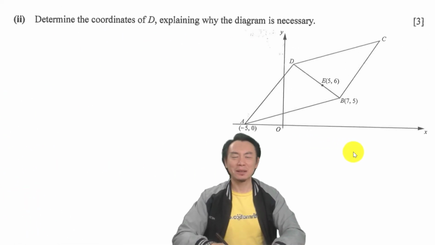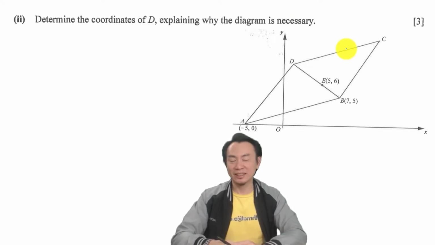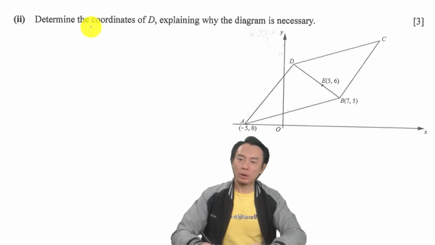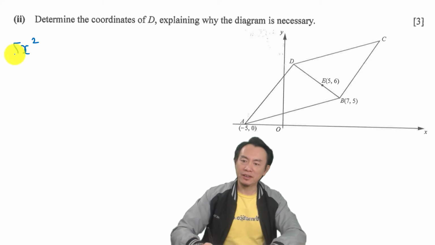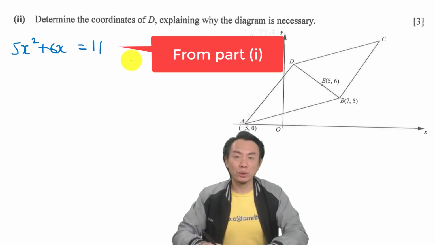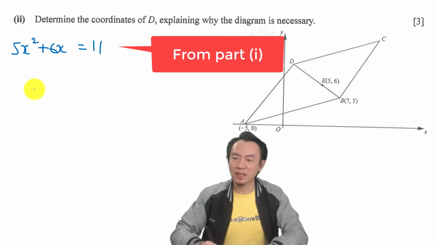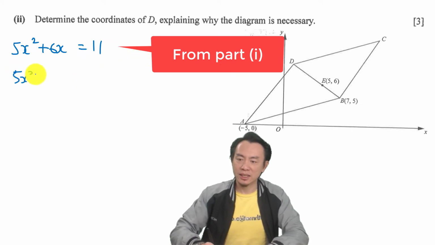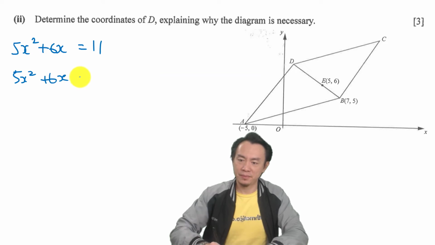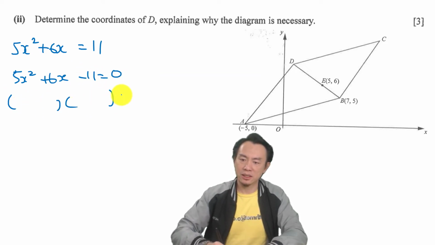Part 2. Determine the coordinates of D, explaining why the diagram is necessary. What we had there just now was 5x squared plus 6x equals to 11. So all we need to do is just to solve this quadratic equation, bring everything to one side, and then factorize.